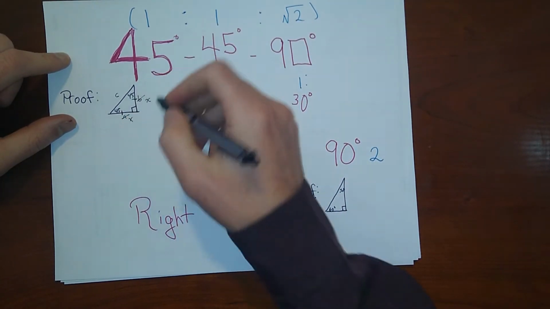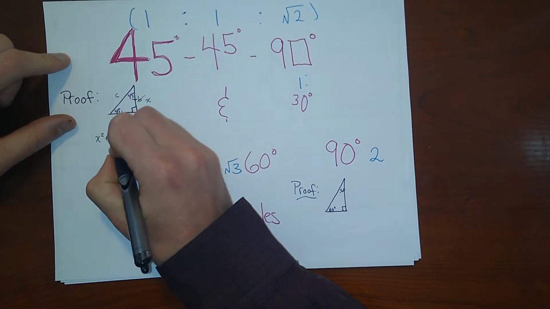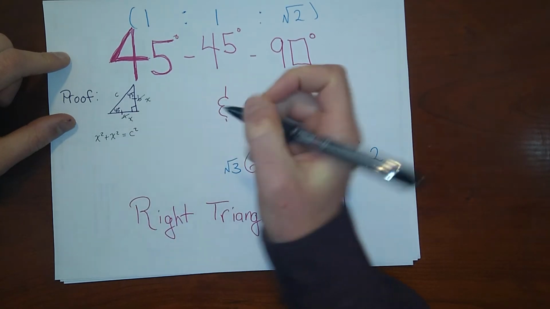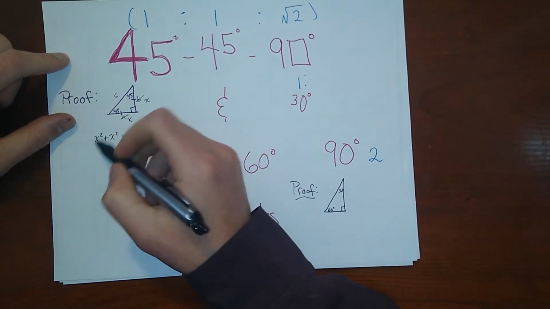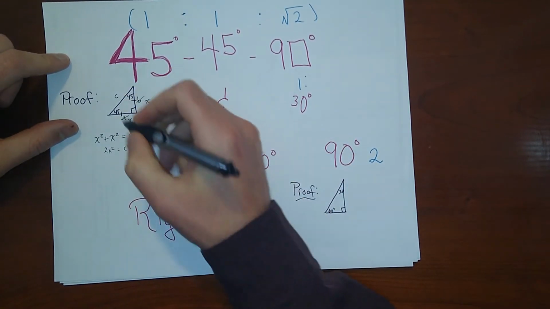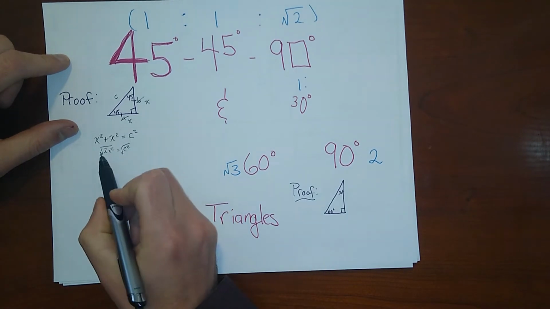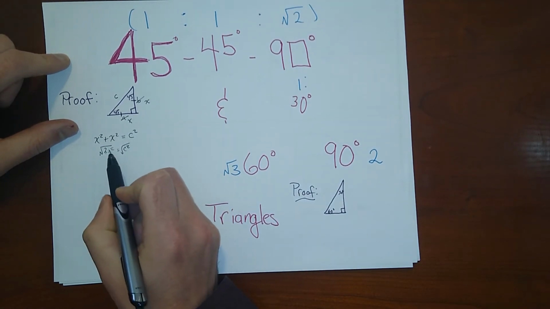And if we use the Pythagorean theorem and we set this up, we would say then that x squared plus x squared equals c squared, which means that 2x squared is equal to c squared, which means that when I take the square root here, I have the square root of 2 and the square root of x squared.